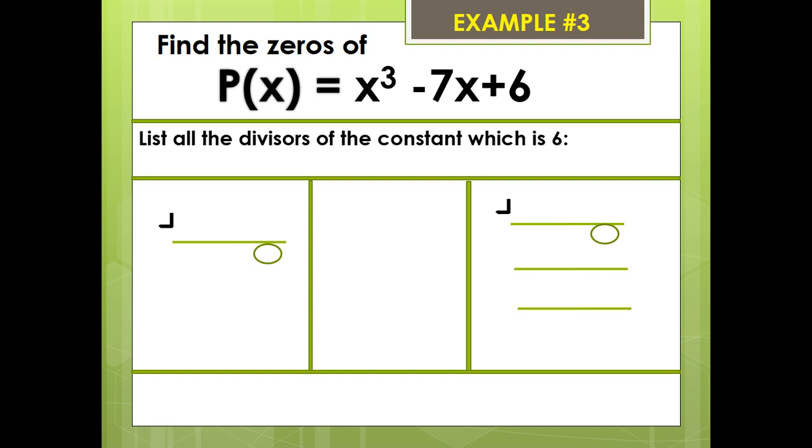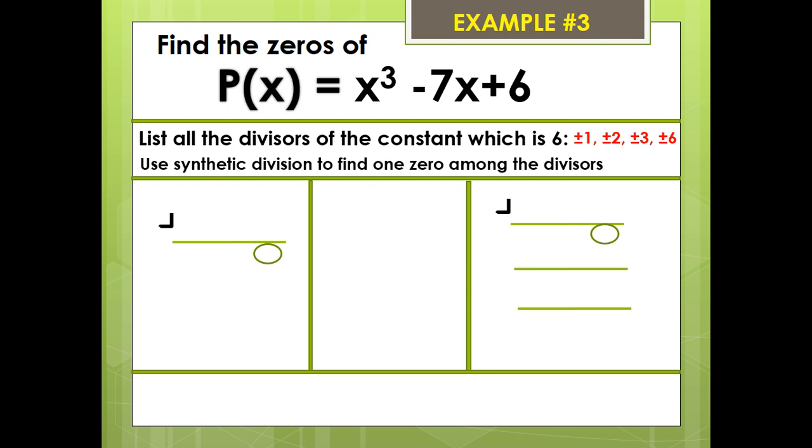Ano raw yung factor ng 6? And these are positive negative 1, positive negative 2, positive negative 3, and positive negative 6. Ilan lahat yan yung possible natin? 2, 4, 6, 8. So, 8 numbers lahat yan. So, yung tatlo dyan, yung magiging zeros, roots, or solutions ng polynomial natin.